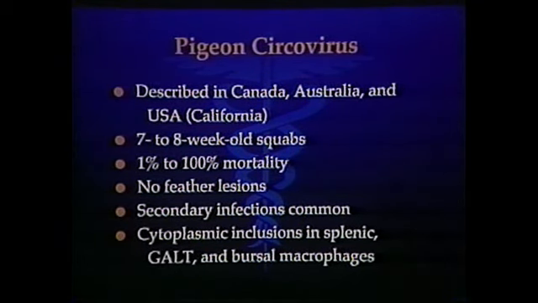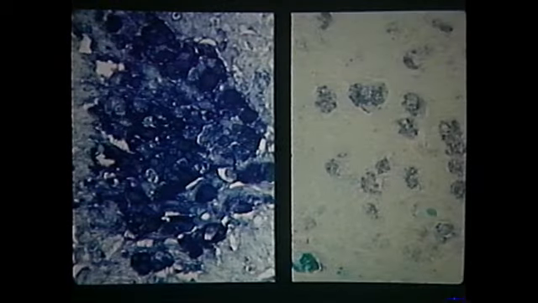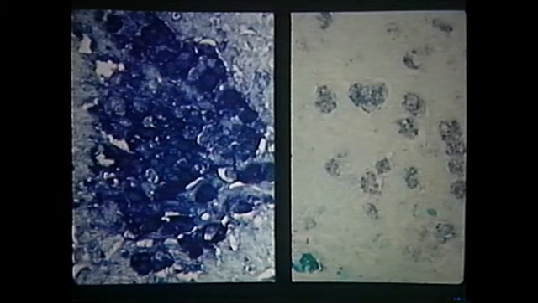Cytoplasmic basophilic inclusions usually are observed in H&E tissue sections of spleen, gut-associated lymphoid tissue, and within bursal macrophages. This is a section of bursa from a pigeon following DNA in situ hybridization.